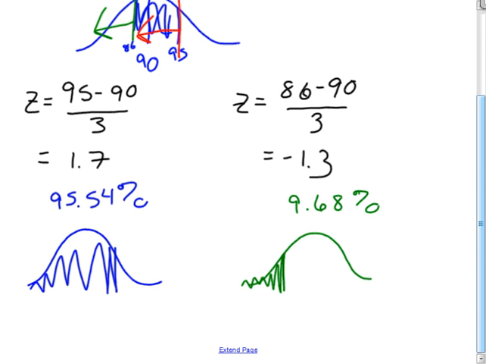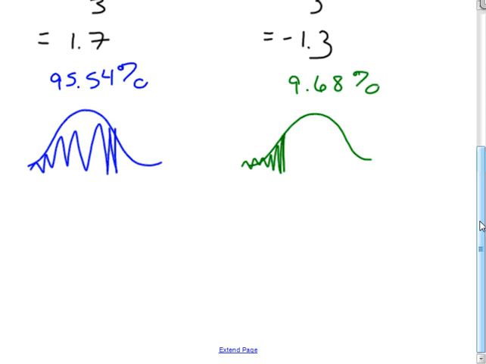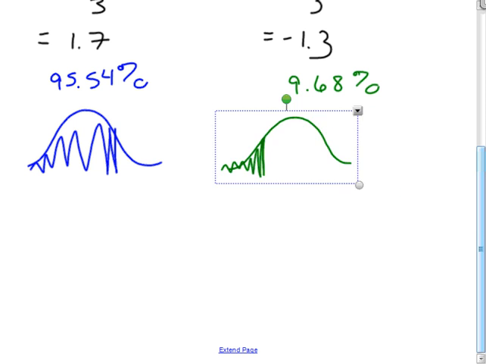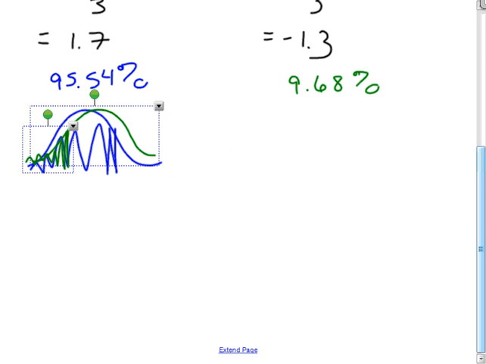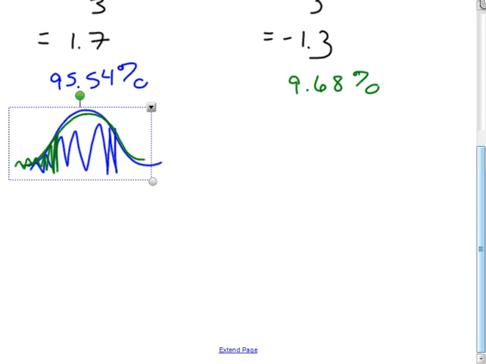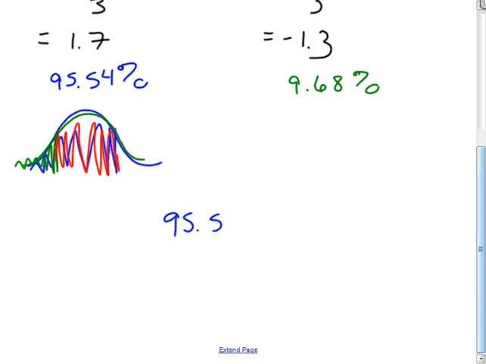However, I do not want either of those. What I want is the part that is in between. I want this portion here. So in order to find that portion there, what do I have to do with those two numbers? Subtract them.